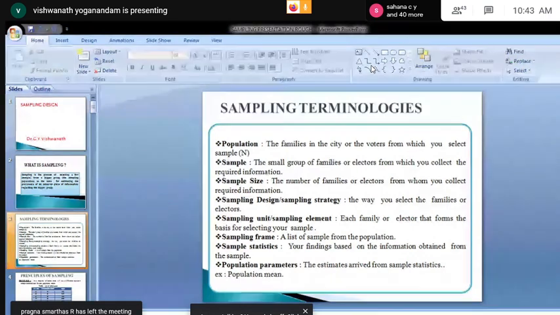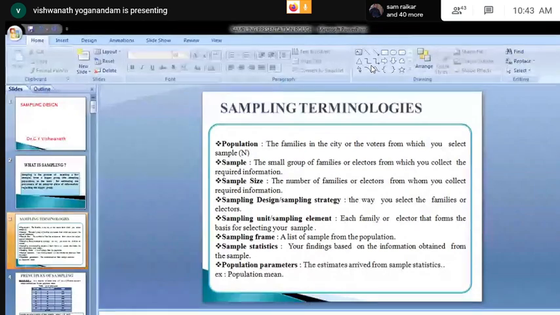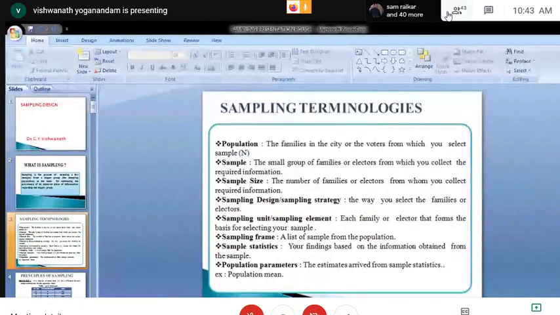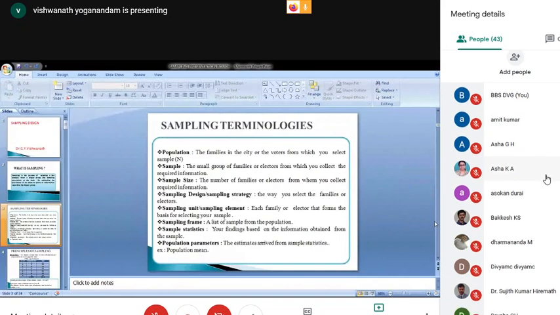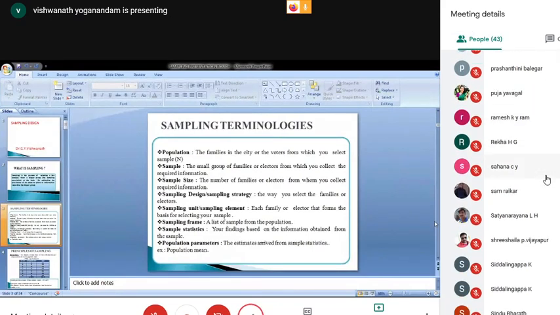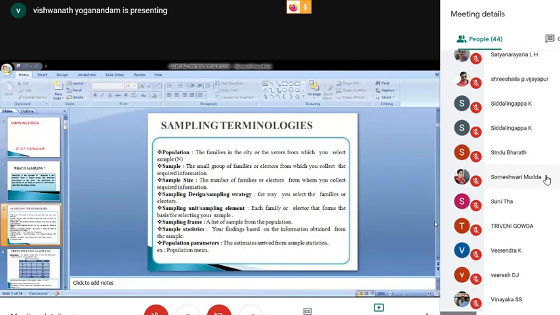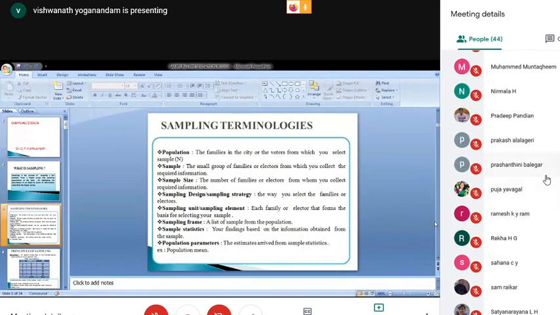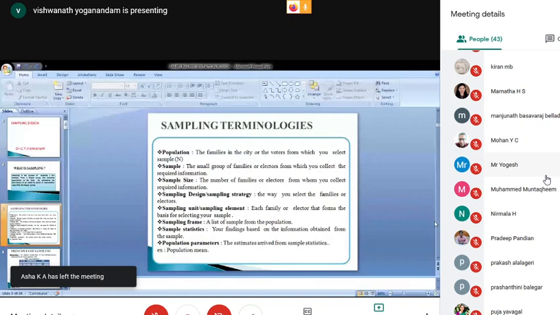And what is a sample? Sample is the small group of families or electors. I have taken electors because they are very familiar with election analysis. They give exit poll predictions and other things, and it is a very interesting field to know.